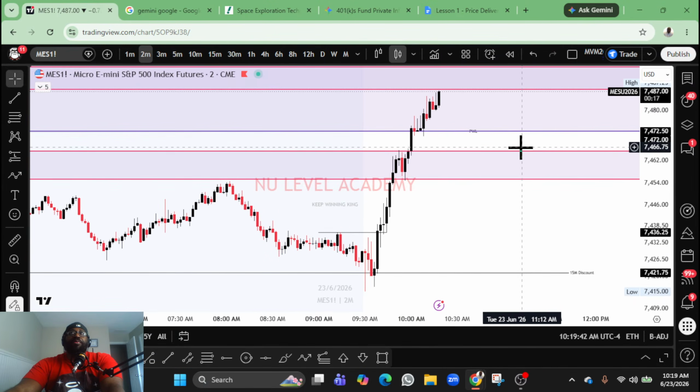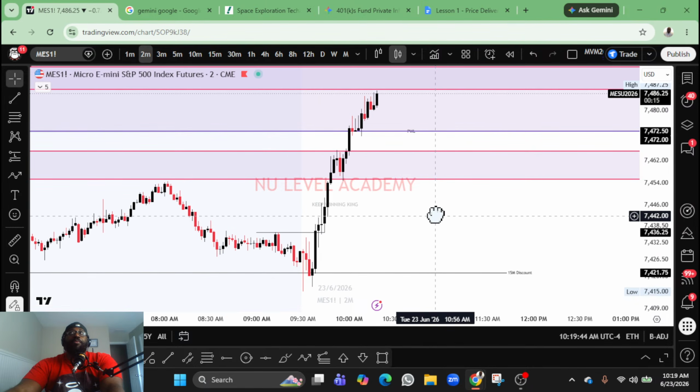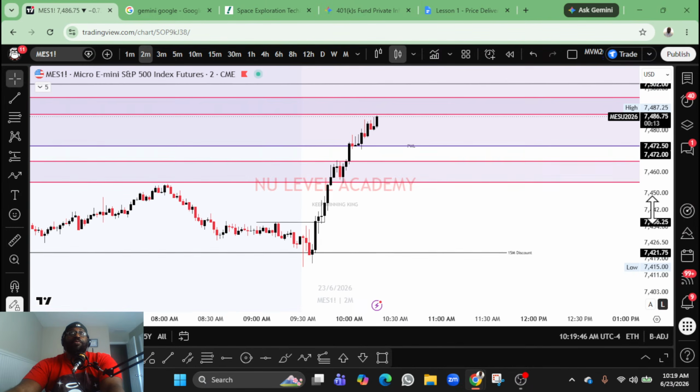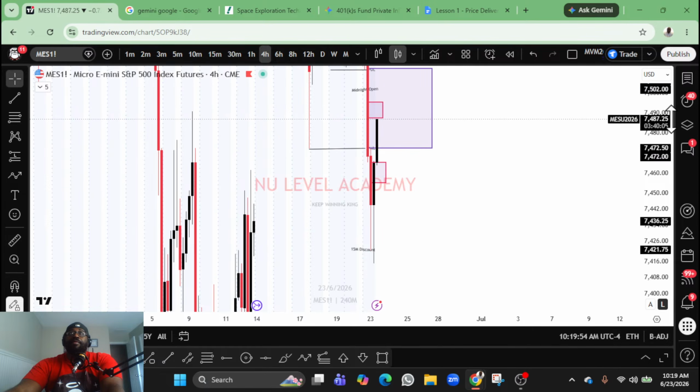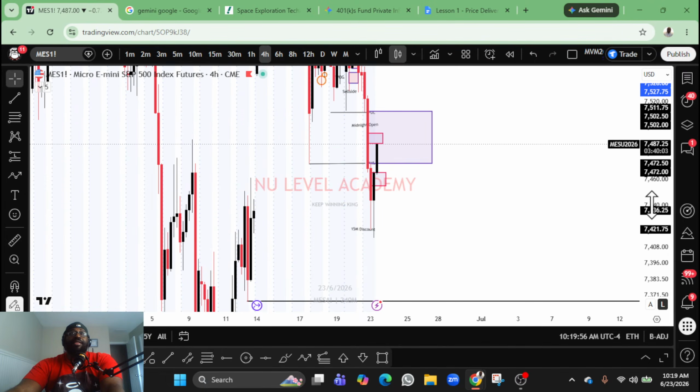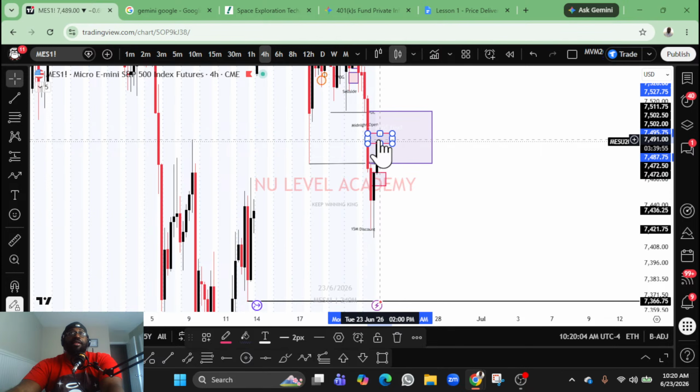So look at this sweep of previous week low, and we're approaching 50% of this 4 hour fair value gap. And what did we say? We wanted to see if we could start looking for a short once we enter into this 50% consequent encroachment zone of this FVG here.